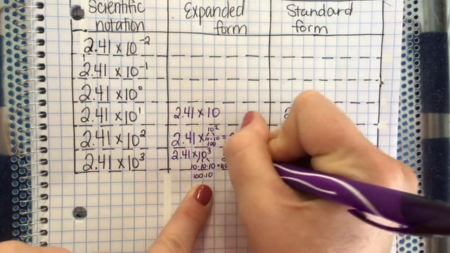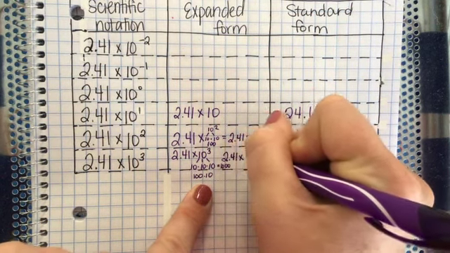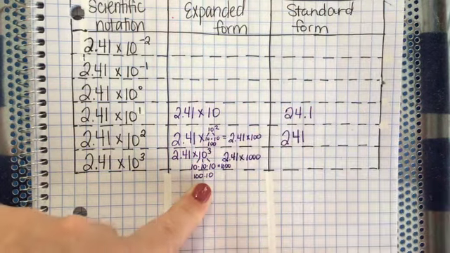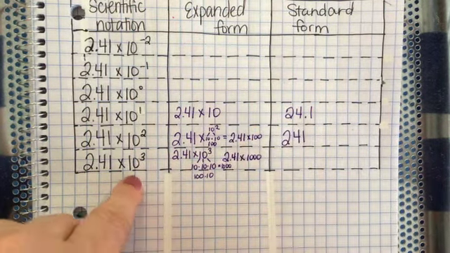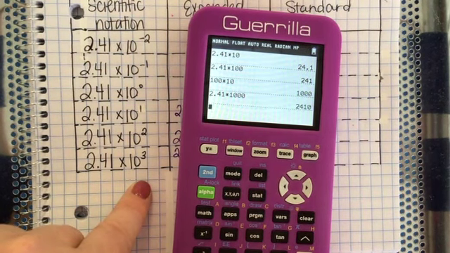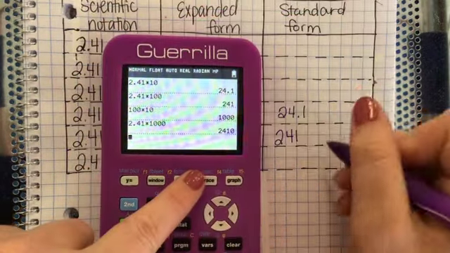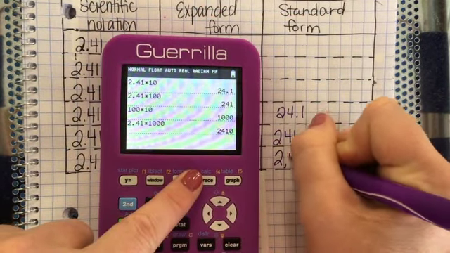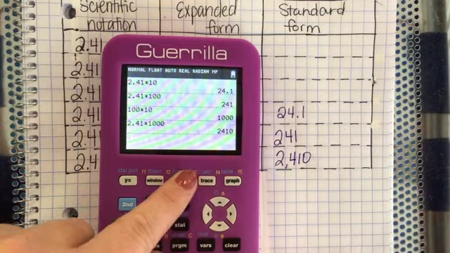So it's actually 2.41 times 1,000, which is 2,410.